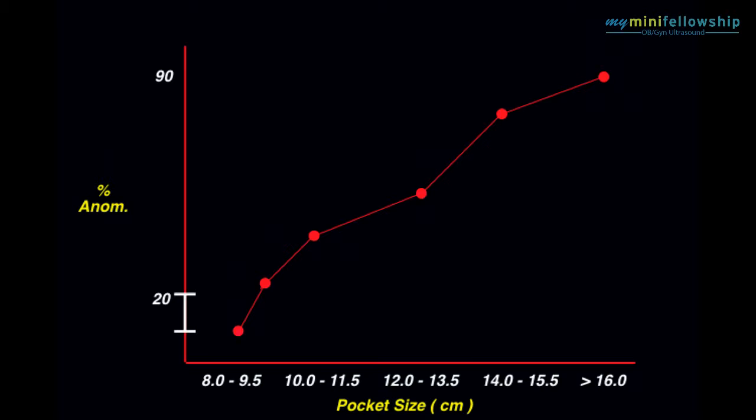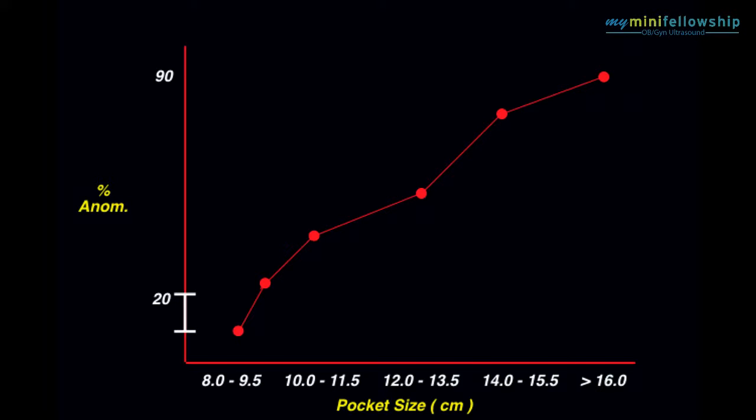But if the deepest vertical pocket is 17 centimeters or the AFI is 45, then the probability that there's an anomaly is extremely high.